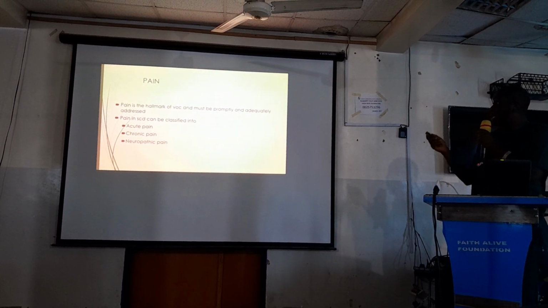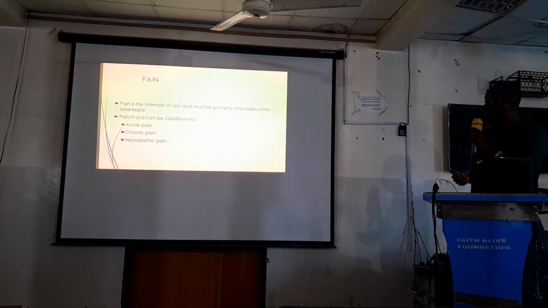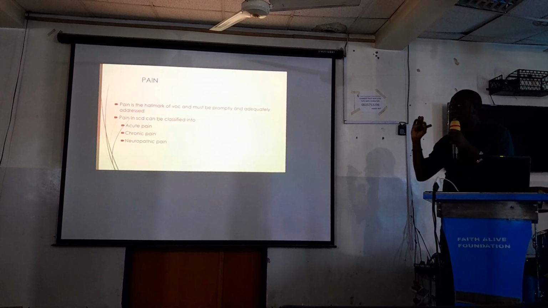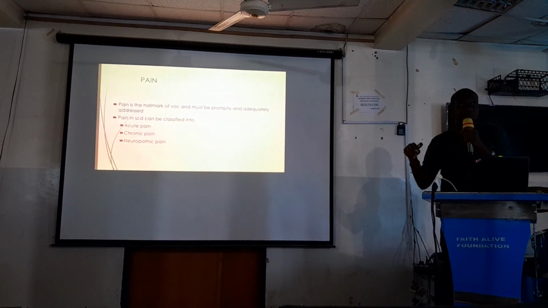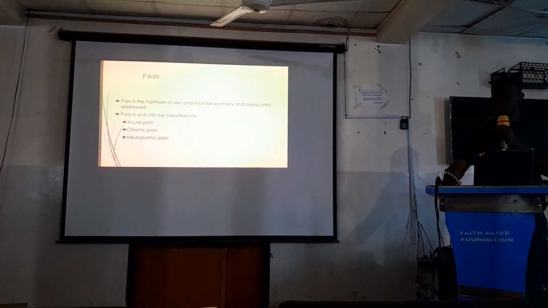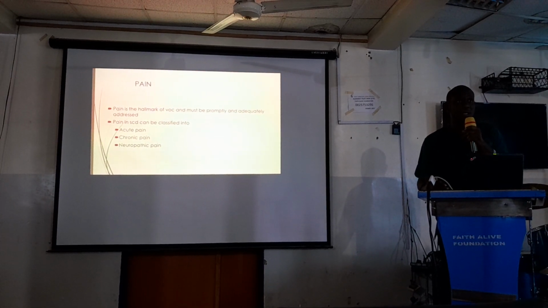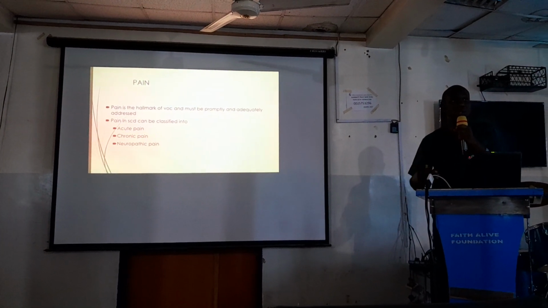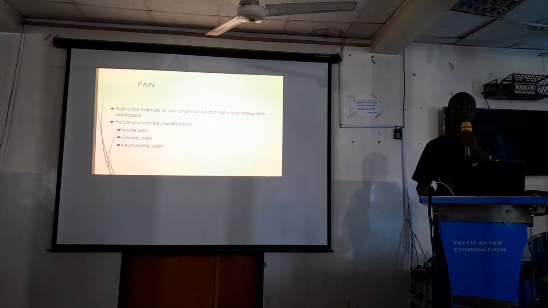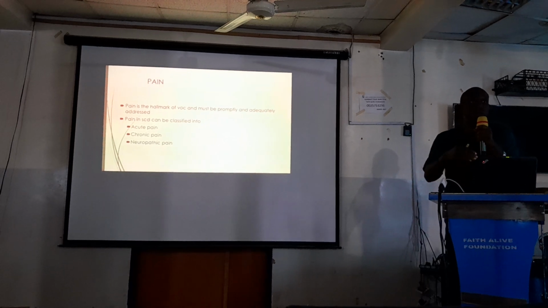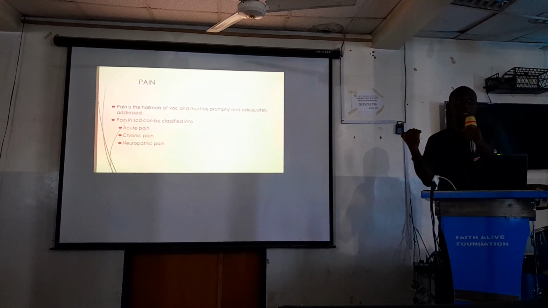Now pain in sickle cell can be classified into acute, chronic pain, and neuropathic pain. Acute is what you deal with, and can extend even to a month. It's as a result of the ischemia and tissue damage. Chronic pain basically is from the complications of what you failed to do in the acute stage.